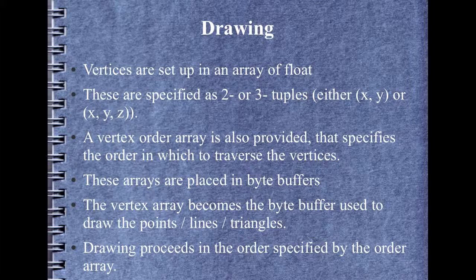So that's very important. When we set up these byte buffers, we have a floating point byte buffer and a short byte buffer. So we have to do a little math to multiply the number of vertices by the size of a float, which is 4 bytes, or the number of ordering points by the size of a short, which is 2 bytes. So there we go.